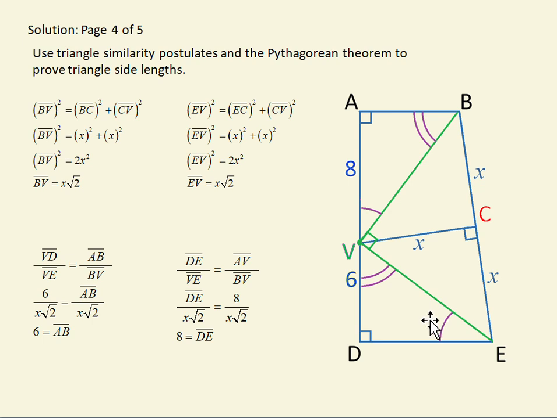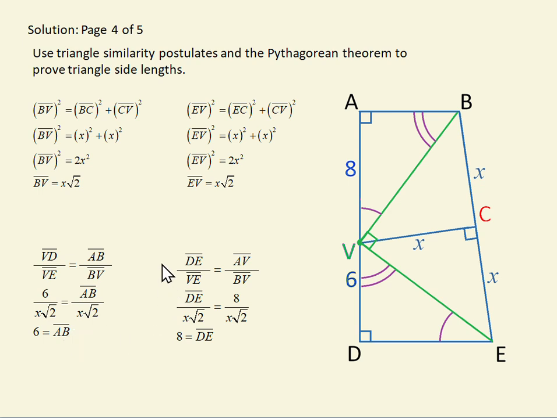And we come up to the top, and we can see that AB over BV is also the sine function of the same angle. So we can solve for AB by cross multiplying. Well, in this case, we don't even have to cross multiply. We substituted the parts and the x square roots of 2 on both sides canceled out. So AB was simply 6.